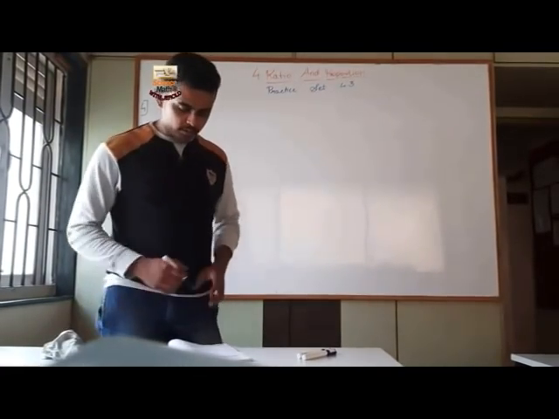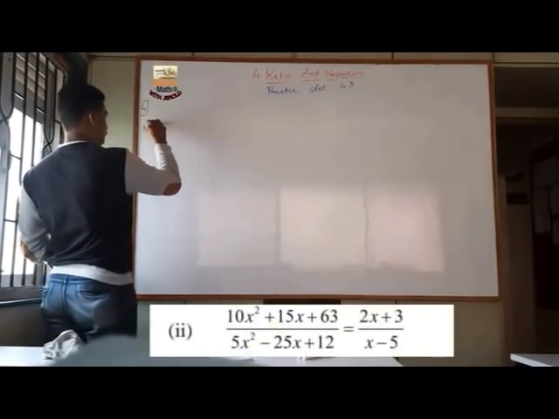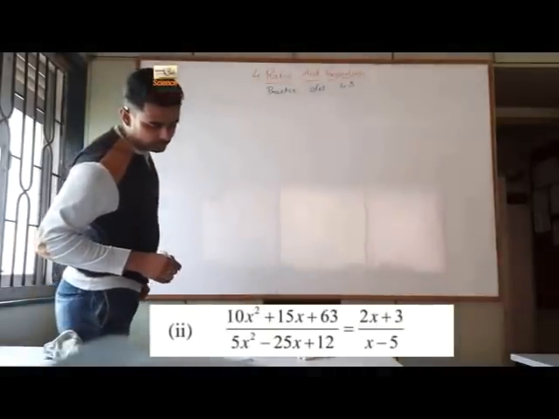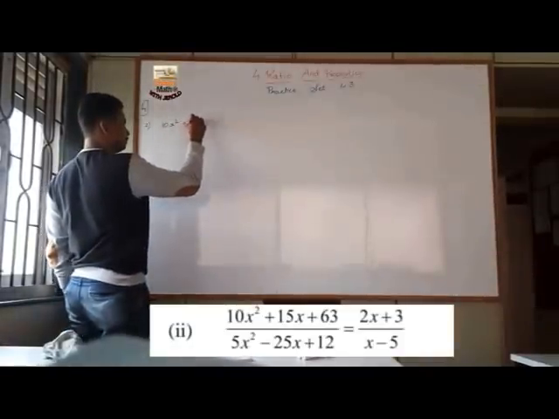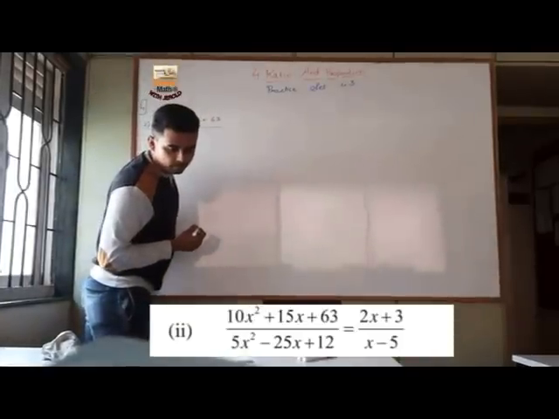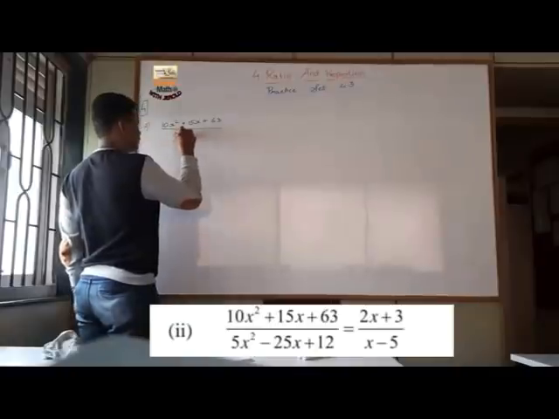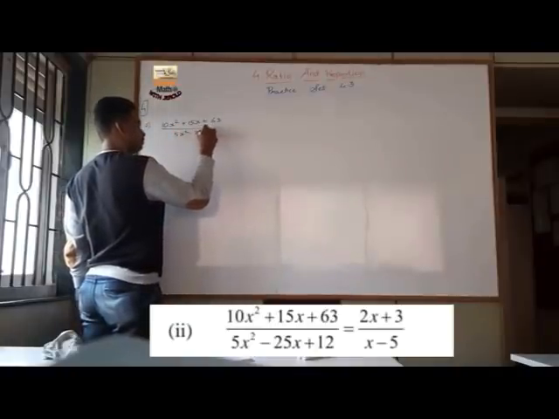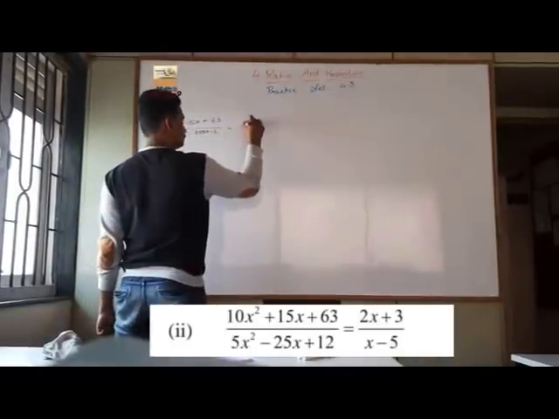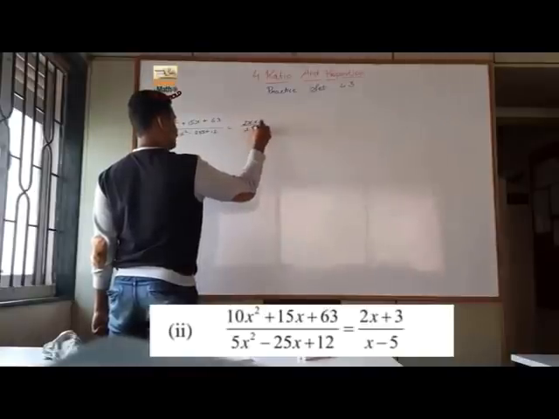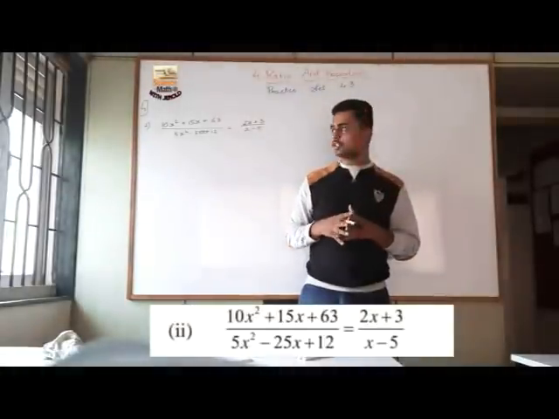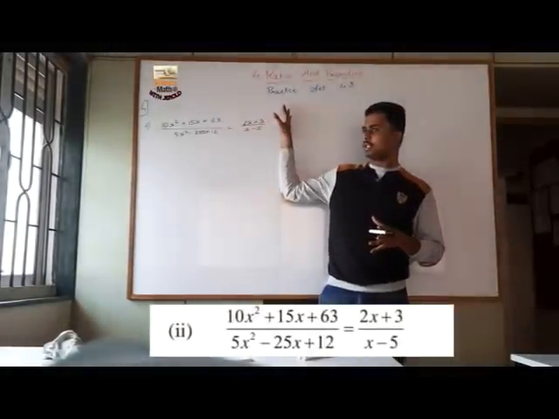Question number 4, sub question 2: 10x squared plus 15x plus 63 divided by 5x squared minus 25x plus 12 is equal to 2x plus 3 upon x minus 5. This is what I have in the second question.